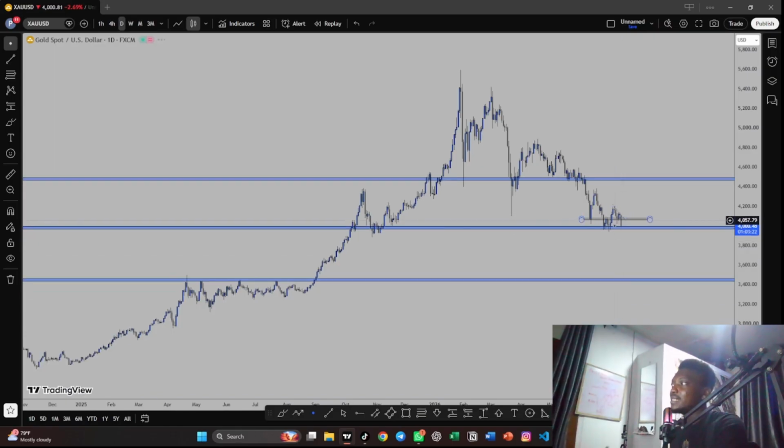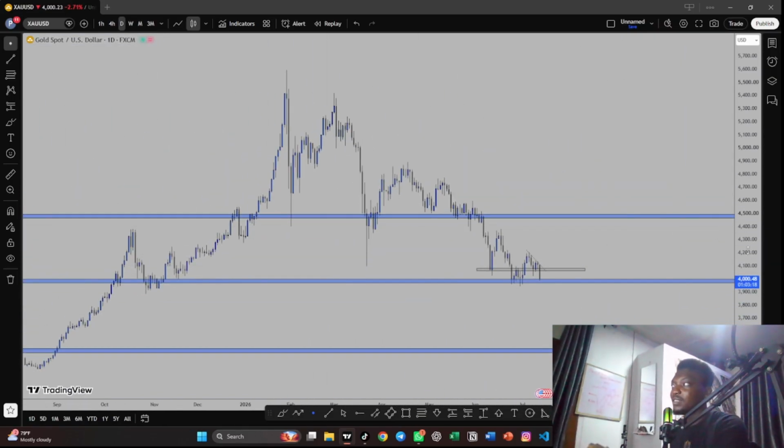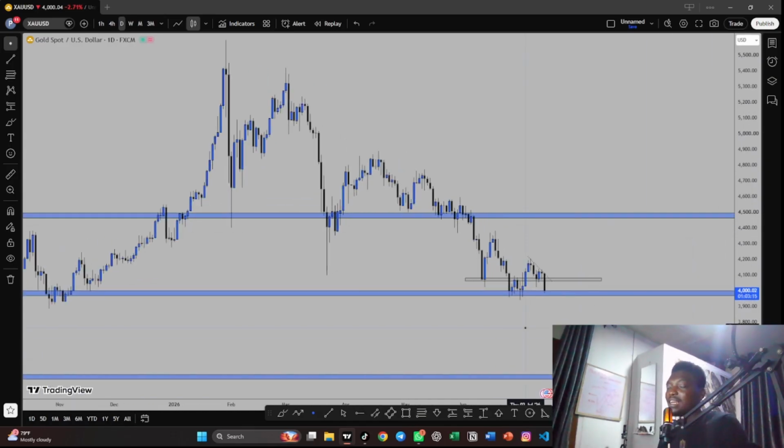I had this because I spotted this double bottom. This is the reason why I said one of my key entry techniques is the counter trend line. If there is no way for me to mark a counter trend line, then I would follow candlestick momentum. But if there is a way that I can mark a counter trend line, I'm definitely going to enter with a counter trend line.